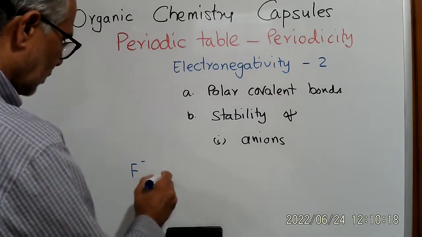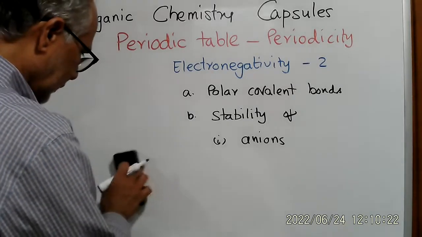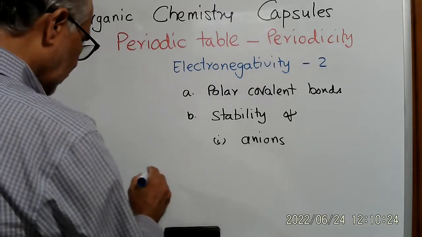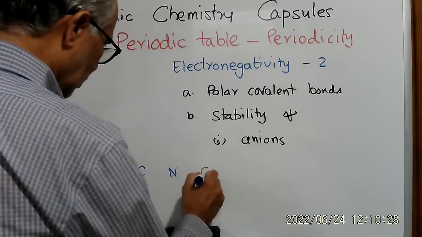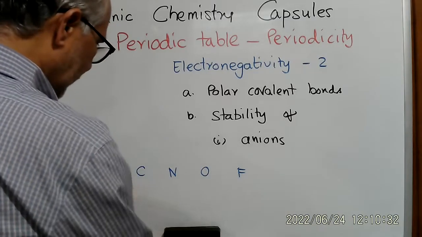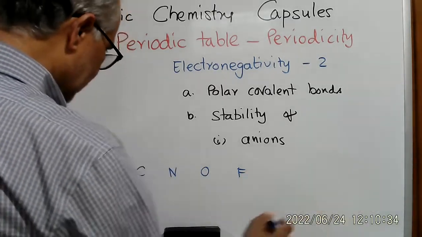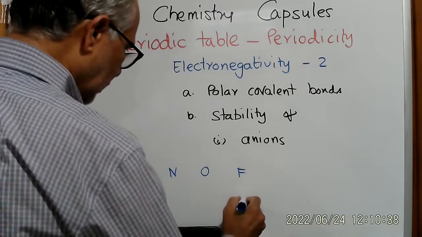I'll draw the elements first. Carbon, nitrogen, oxygen, fluorine, in that order, left to right. Fluorine is the most electronegative. Fluorine forms only one bond.